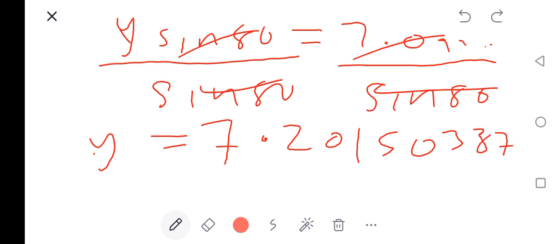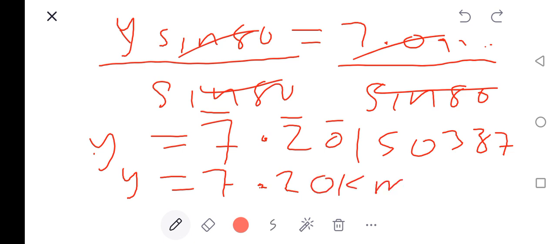0387. Whenever you've got strange numbers like multiple decimals under syllabus D, you always round off to three significant figures. Three numbers, 1, 2, 3. So our answer is 7.20 kilometers.